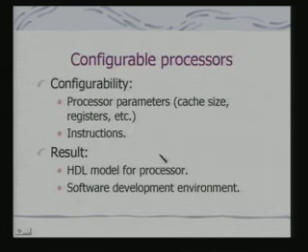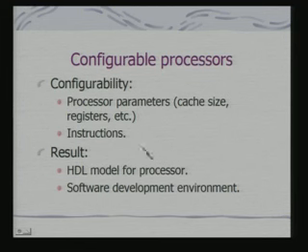The other end is configurable processors. In the previous examples, we have a processor as well as an FPGA, and we can configure these FPGAs or ALUs depending on the application. Here we are looking at configurable processors, so processors themselves can be configured before you go into a design. Processor parameters, registers, etc. can be configured.